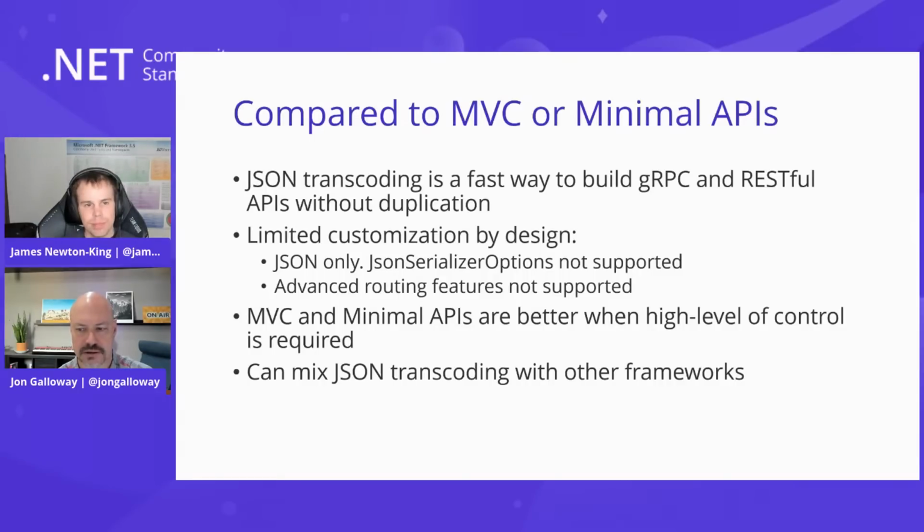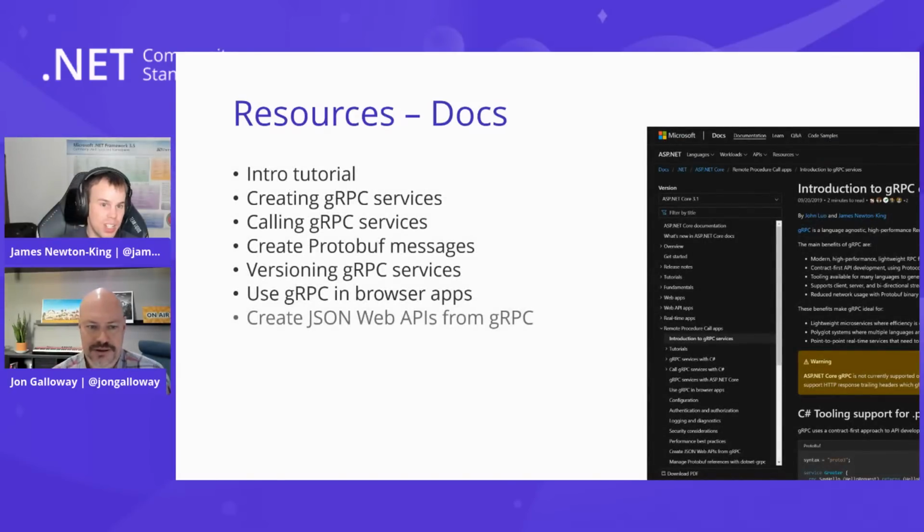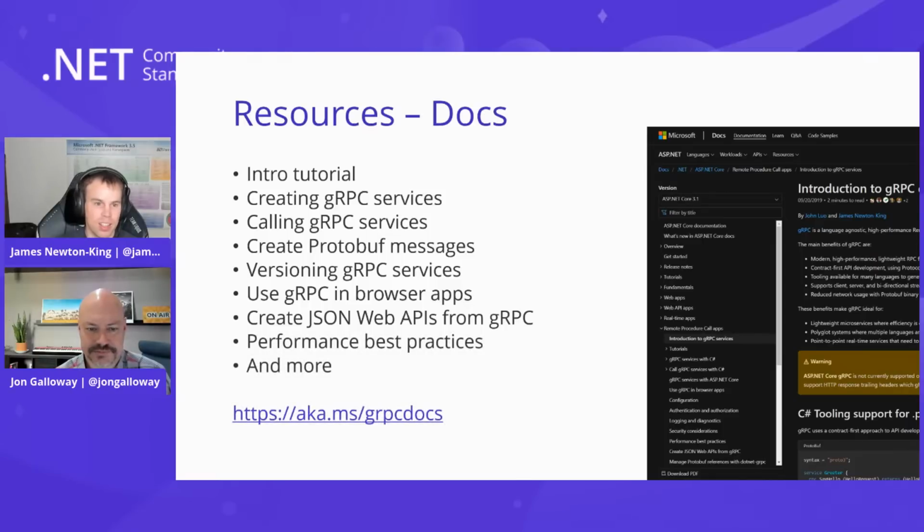Okay. All right. Makes sense. And that's it for gRPC JSON transcoding. So if you're interested in learning more about gRPC, there's a whole bunch of documentation. If you visit docs.microsoft.com, there's an introductory tutorial, which pretty much follows what I did when I created that Hello World app at the start of the talk.